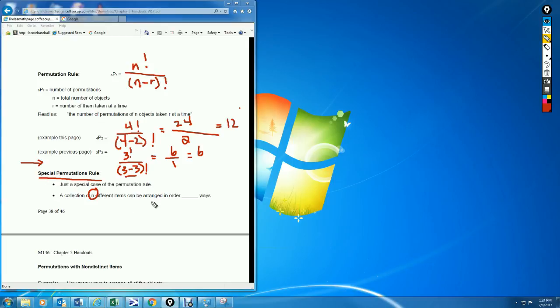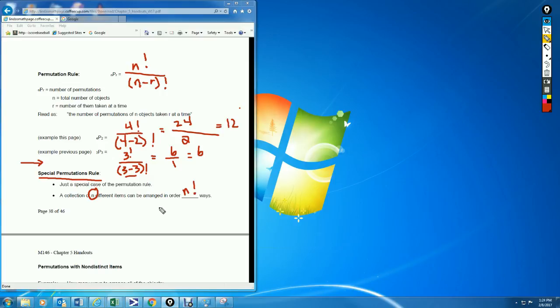So in that case, I had 3 letters, A, B, and C, and I wanted to see how many ways to arrange all 3 of them. So a general rule for permutations of n items is that you can arrange them in n factorial ways.